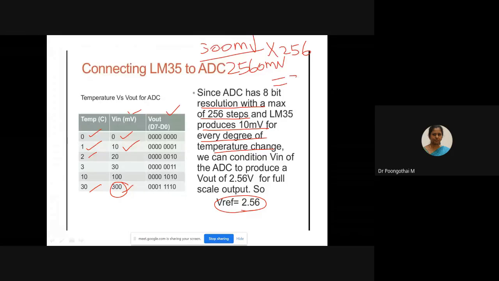The answer will be 30 decimal, hexadecimal 1E. Please note down the formula. This formula is very important for converting your temperature value, that is the voltage signals, into a hexadecimal value. So 1E. In this way, the values are converted into hex. So your voltage divided by your reference voltage multiplied by 256.